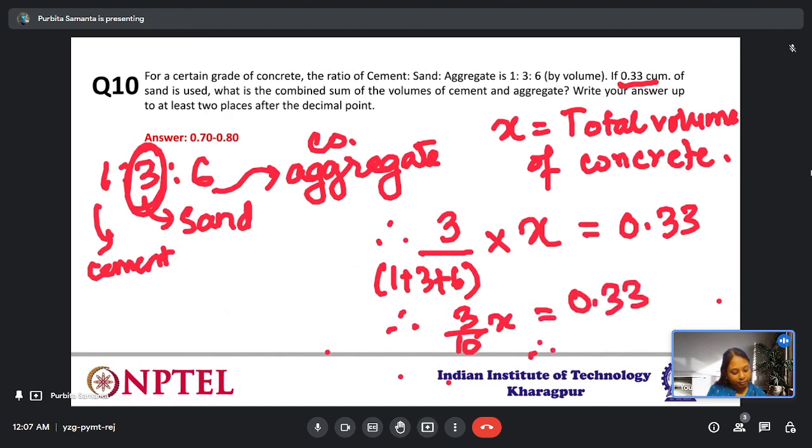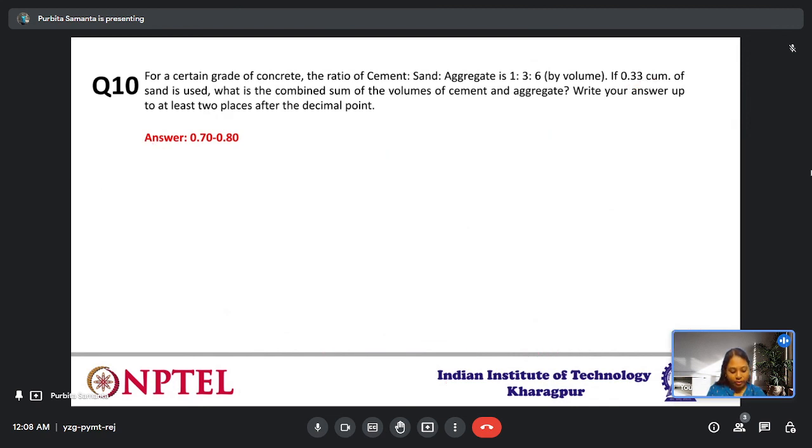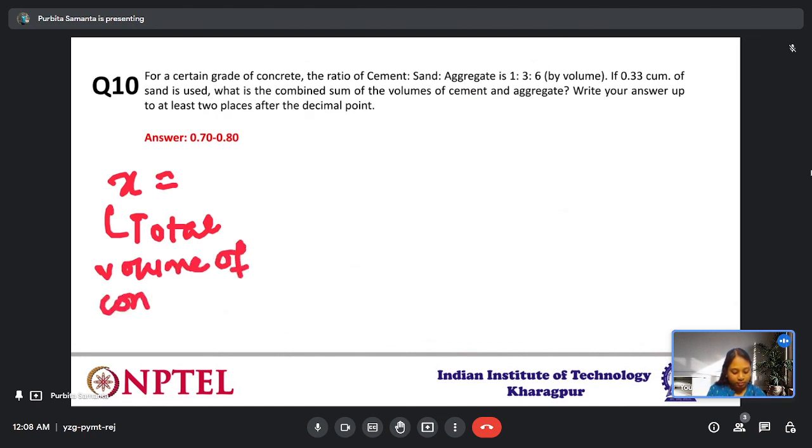From here we can find x equal to 3.3 by 3, that is equal to 1.1 cubic meter. If we solve this equation, we find x equal to 1.1 cubic meter. So we have found that x, the total volume of concrete, is 1.1 cubic meter.